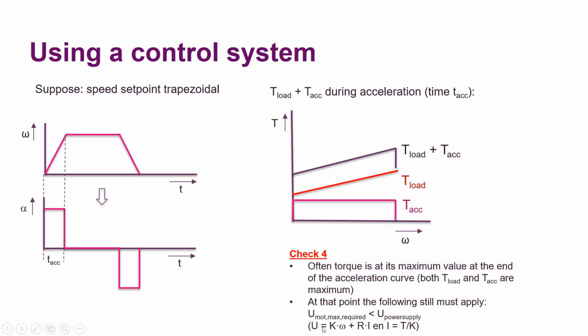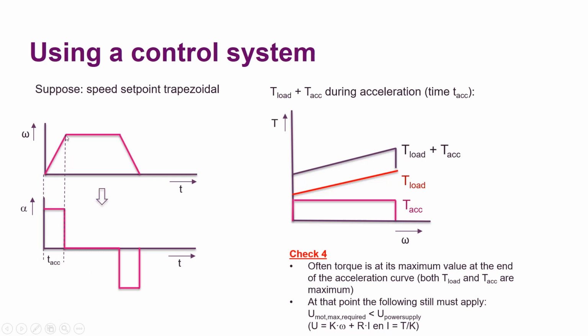It says that U is equal to K times omega, the back EMF, plus R times I, and I was equal to T over K. So at that point, we see that the torque, so also the current, is at the maximum value. But also my back EMF is at its maximum value because the omega over here is at the maximum value.